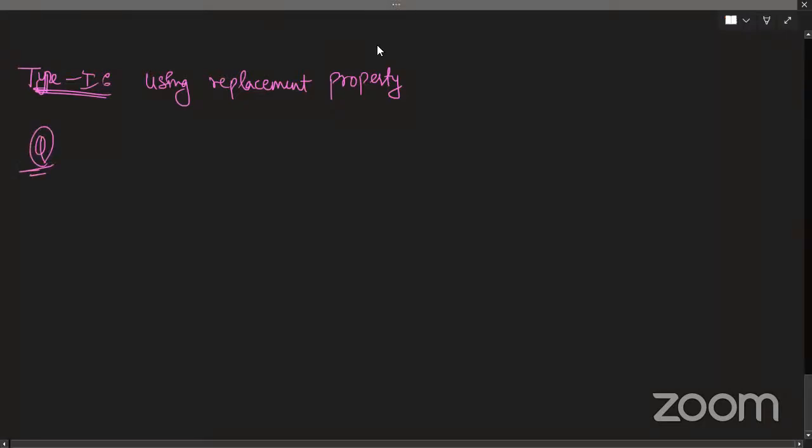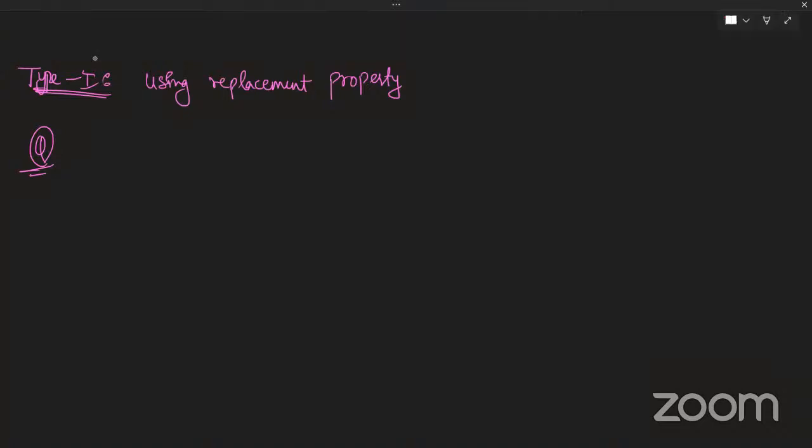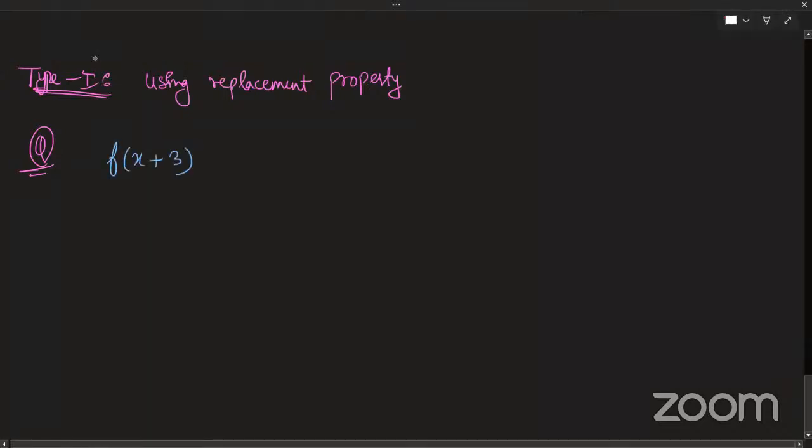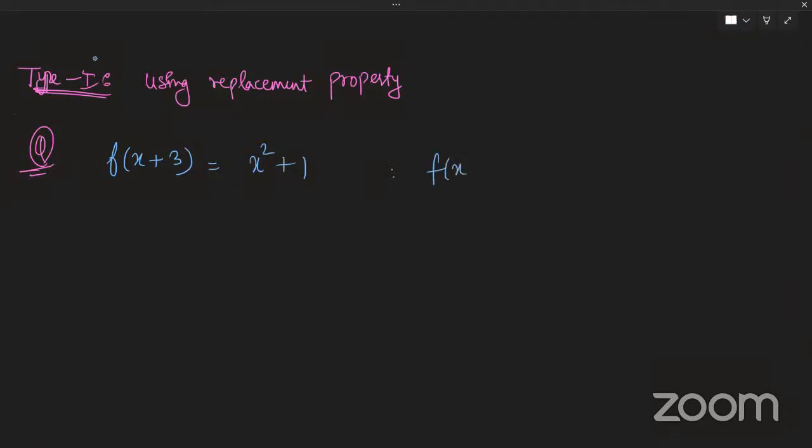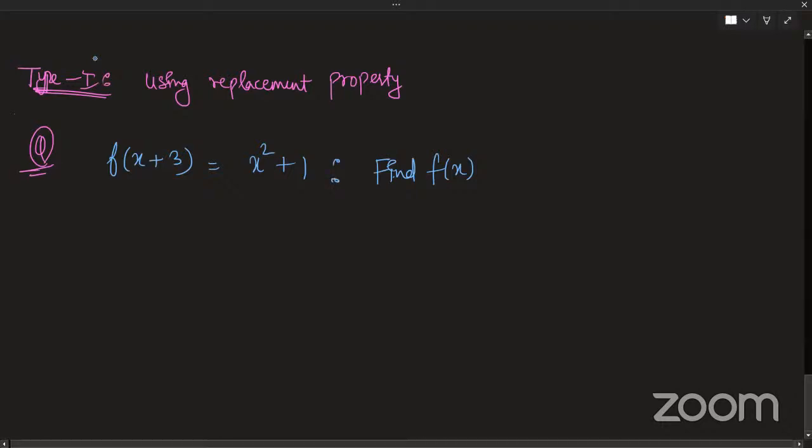So I have f of x plus 3 is equal to x square plus 1. Can you find f of x? It is very easy ना.